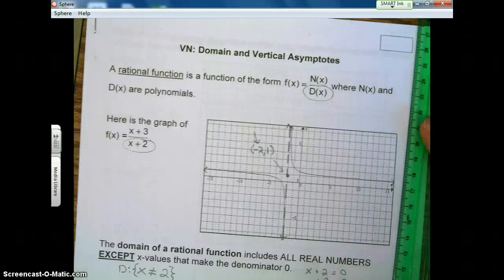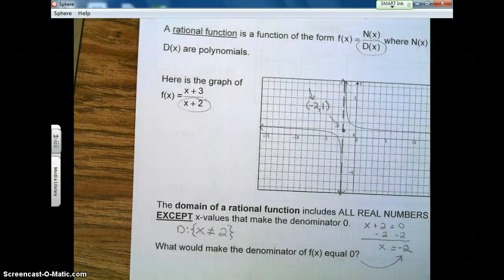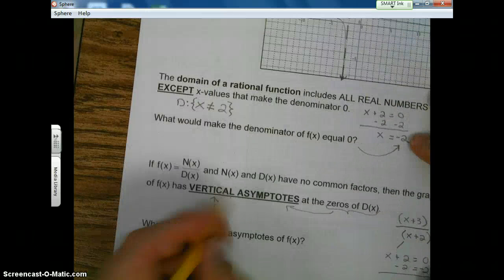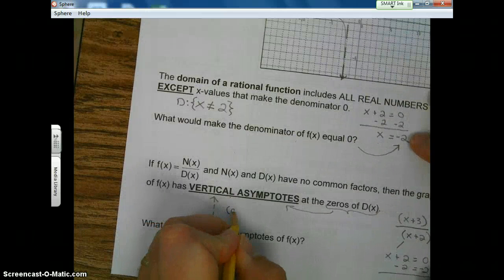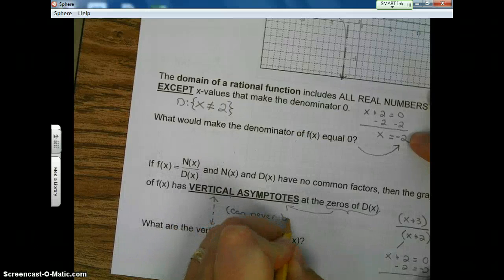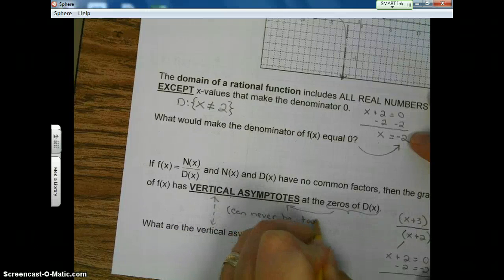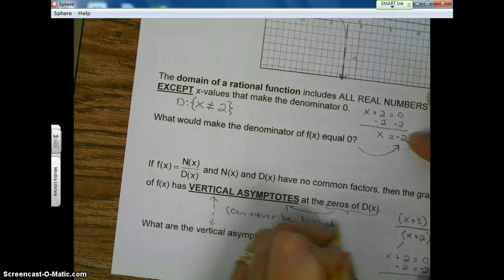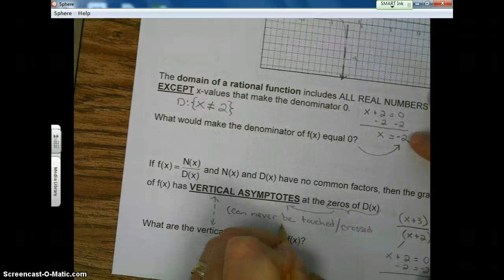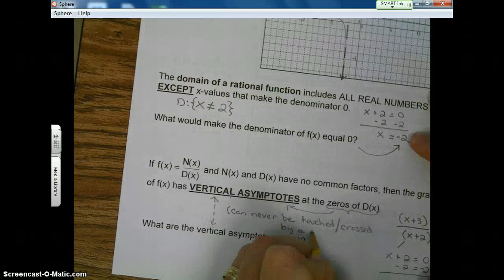Vertical asymptotes can never be touched by the graph. So I'm going to write that down here: can never be touched or crossed by a graph.